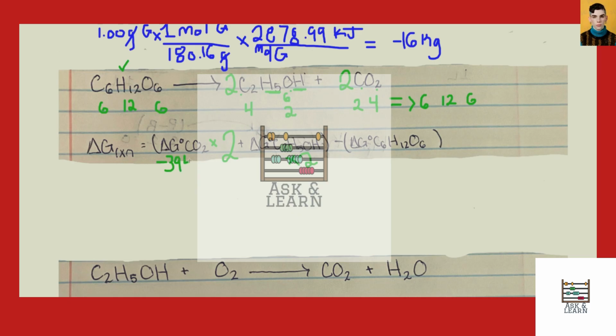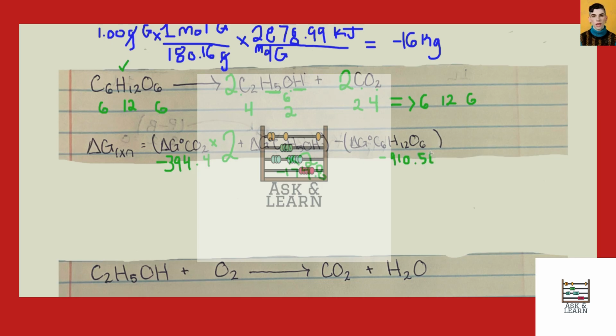But 394.4, and then C2H5OH is negative 174.8, and glucose is negative 910.56.